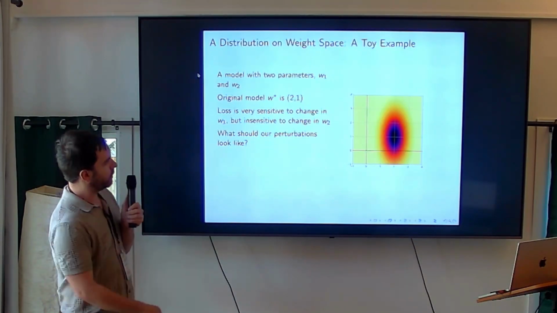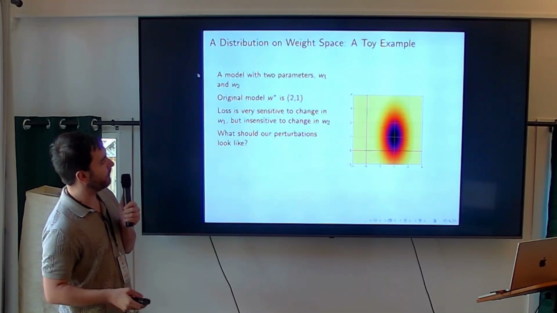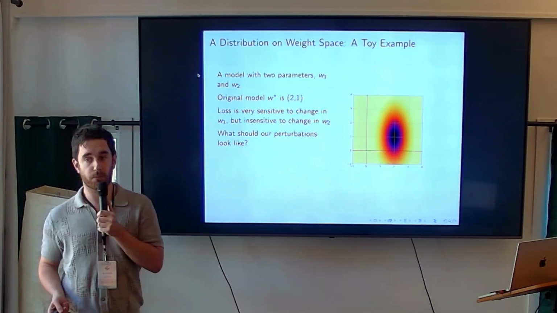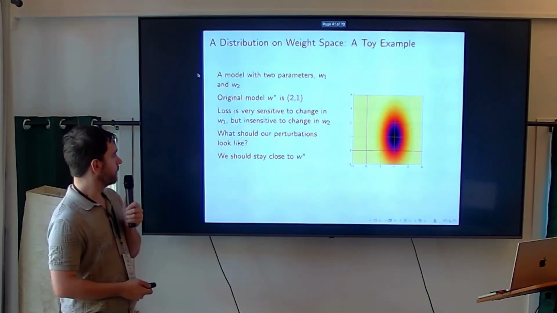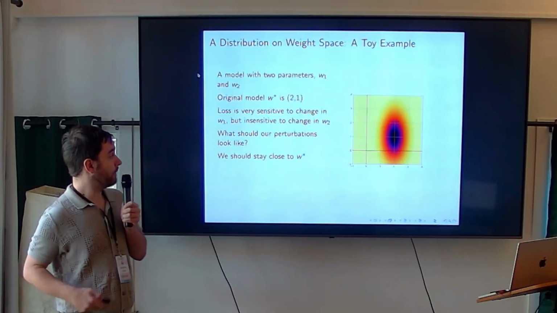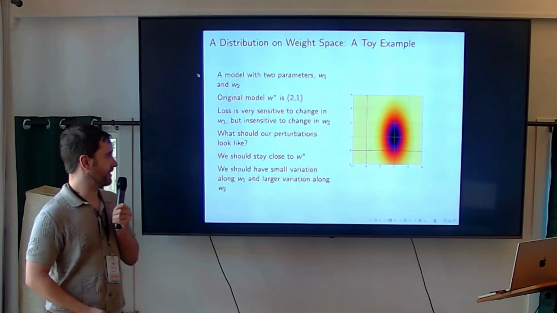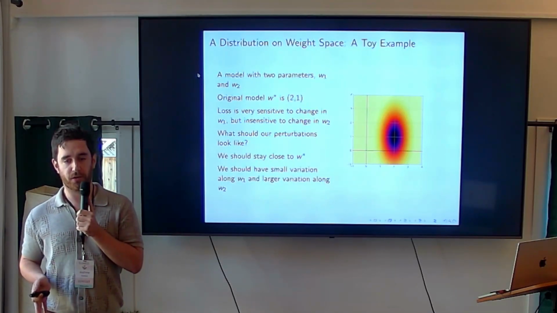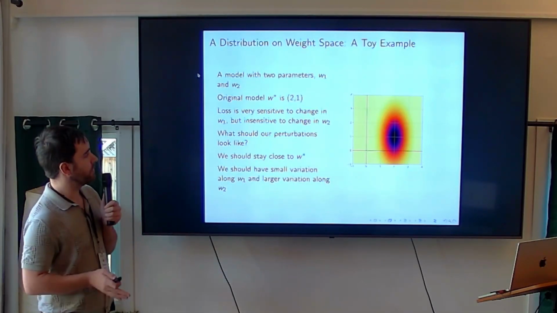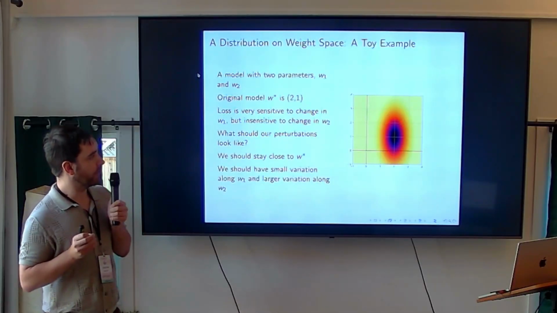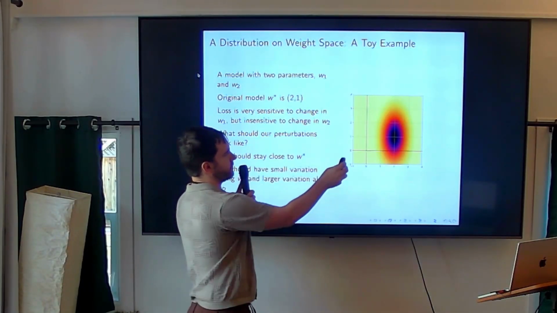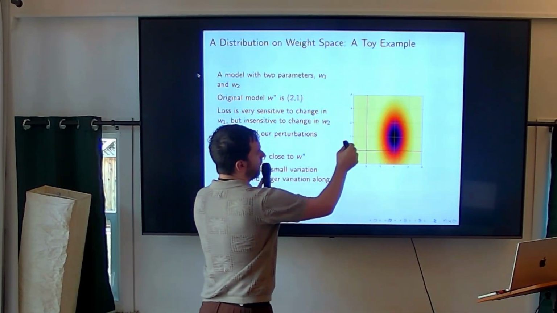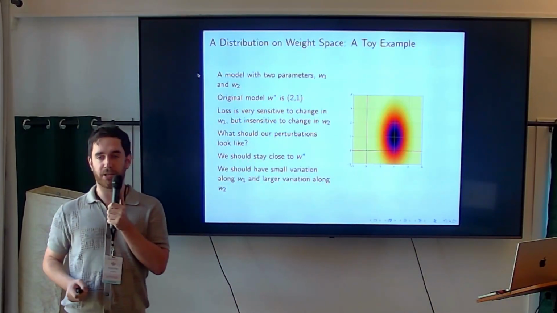But by the looks of this heat map, we vary less in W1 than we would in W2, right? So we want to stay close to W star. And as I just said, we want to have small variation in one direction and larger variation in another. So if we talk about damaging W1, we select something from this distribution, just restricted to lie along here, and we're not making a big change to W1.